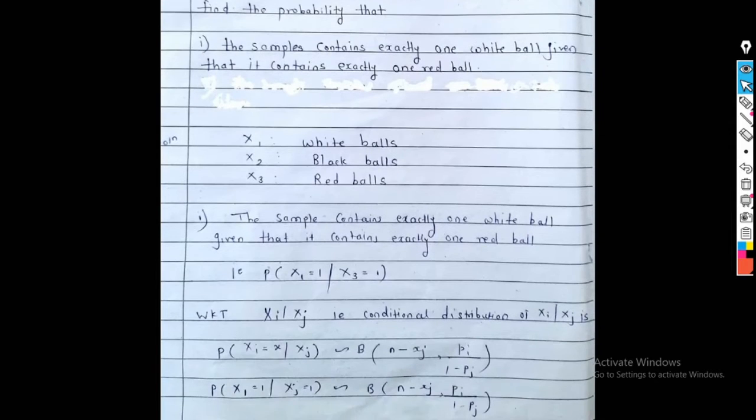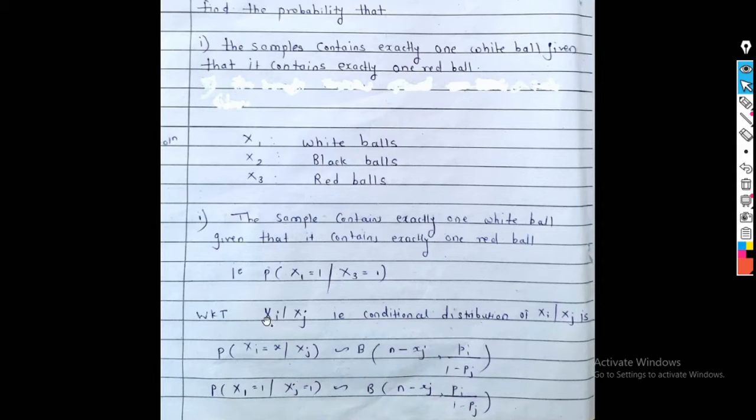We have to calculate the probability that the sample contains exactly 1 white ball, denoted by x1, so x1 is equal to 1, given that it contains exactly 1 red ball, denoted by x3. So we have to find the conditional probability of x1 equal to 1 given x3 equal to 1.